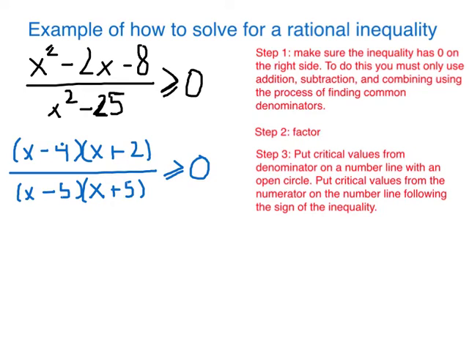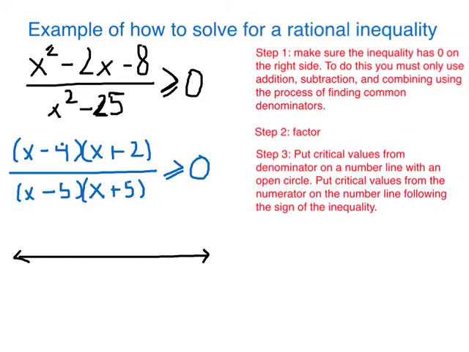Step 3 will be to put critical values from the denominator on a number line using an open circle, and put critical values from the numerator on a number line following the sign of the inequality. So let's take a look at what that means. We've got here a number line, and I'm going to start with the denominator first.